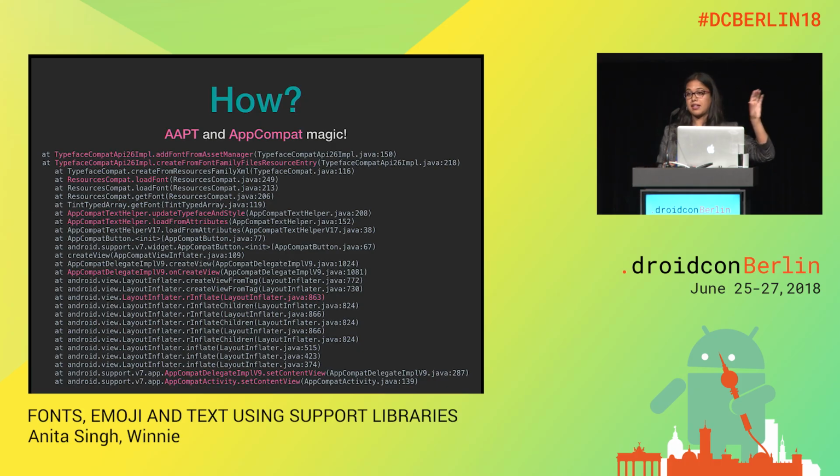So TypefaceCompatApi21, 26, and all these different implementations essentially load the typeface from the font resource file for you. And so it's using aapt, the Android asset packaging tool, and AppCompat that Android was able to add a new resource type with it being backwards compatible, which is pretty cool.